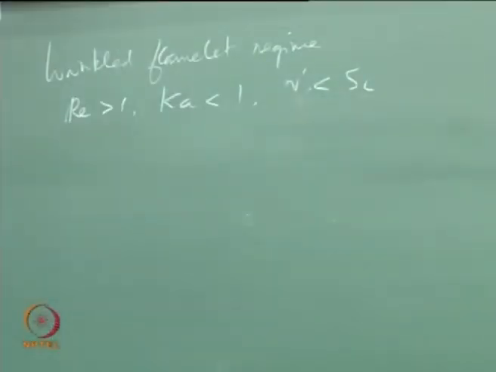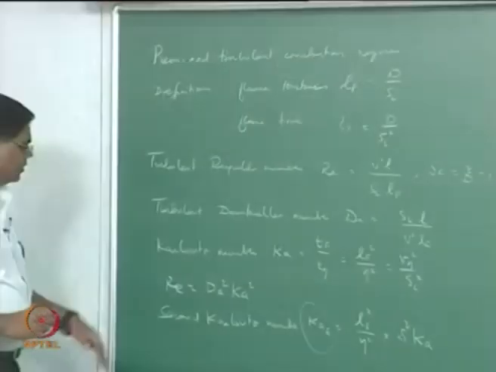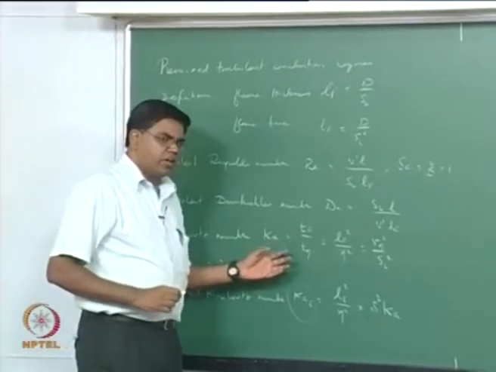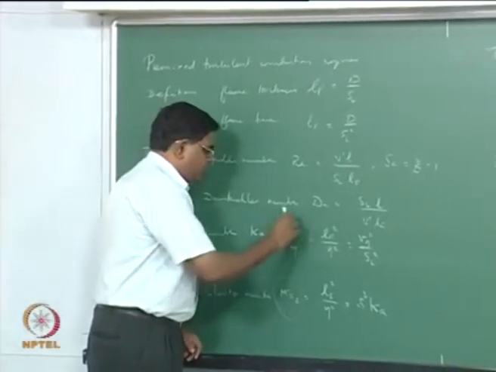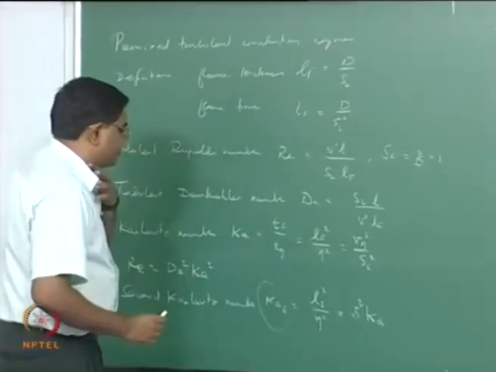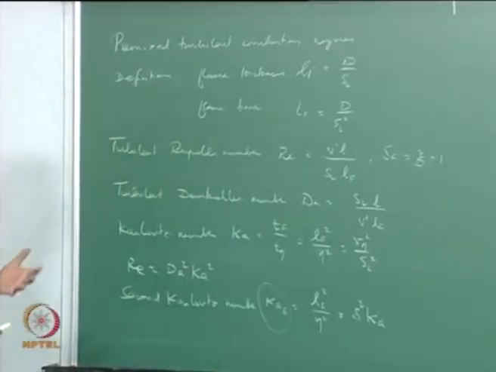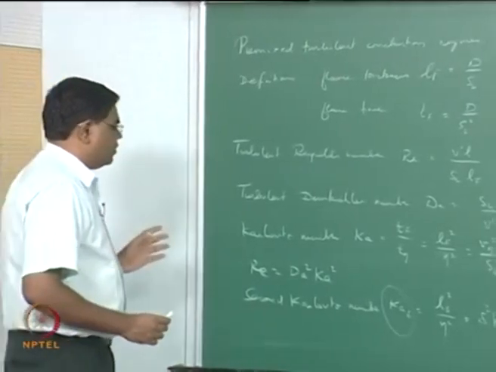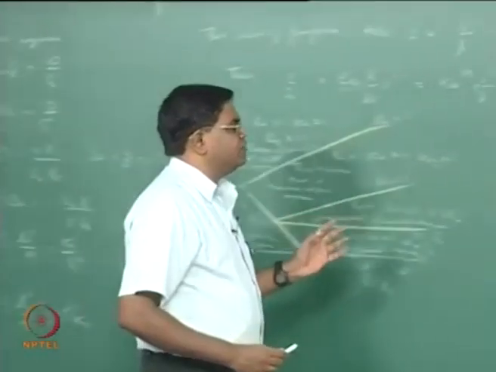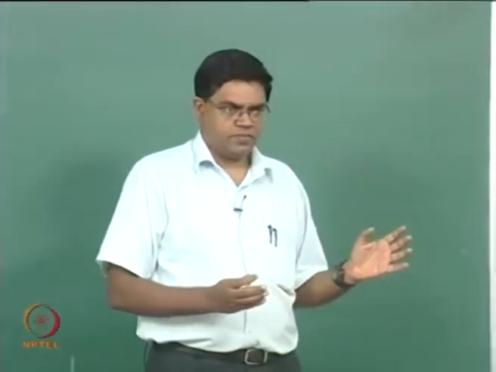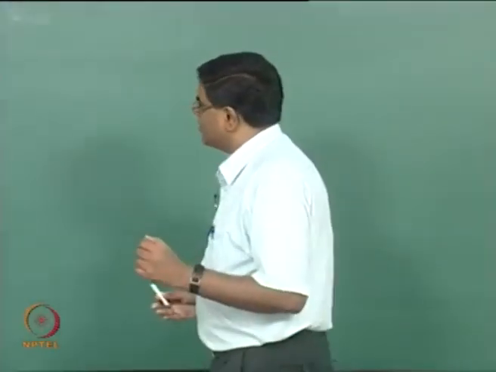When we say Ka is less than 1, look at what Ka is. Ka is essentially the flame time to the Kolmogorov time. So it is comparing the flame scales with the Kolmogorov scales, which basically says we are still looking at the flame being significantly thinner than the turbulent scales. That's what it means.